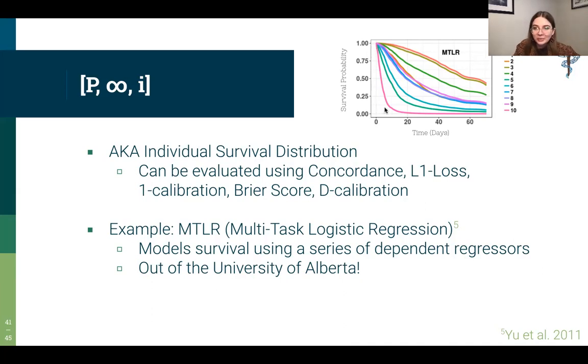But then I certainly wouldn't want to be patient 10 here at this point, who doesn't look to be doing too well. If you were to use a Kaplan-Meier curve, which would, instead of individual here, be group, all of these patients would be grouped into just one survival curve. And so you can start to see how that is not going to provide enough information to make sensitive medical decisions.